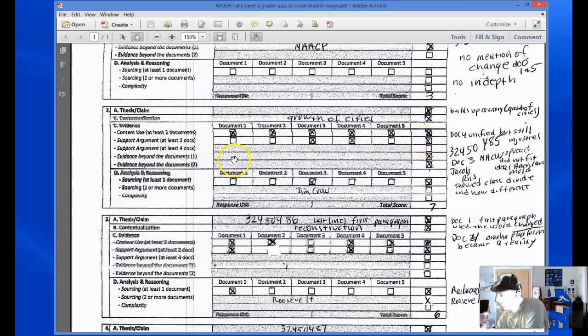Okay? And then in 2 situations, they gave evidence beyond the documents. Okay? So, they talked about the ideal American mold. They brought up a person in history, Jacob Riis. Okay, so they mentioned a couple things that were outside of the documents, but pertained to the prompt. Okay, they mentioned Jim Crow down here at the time that pertained to the specific prompt they were writing on.